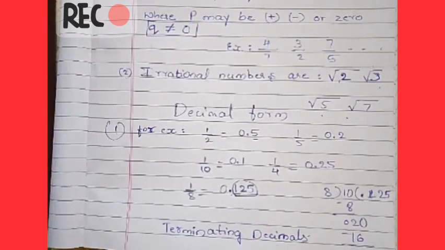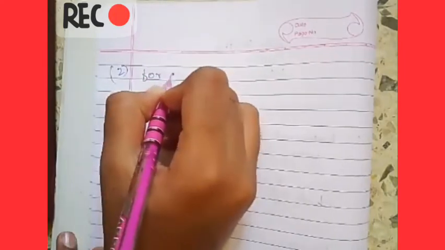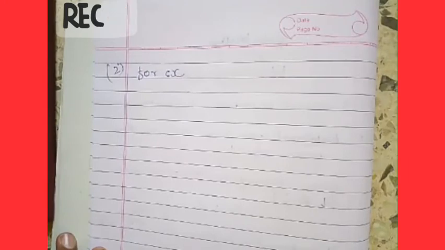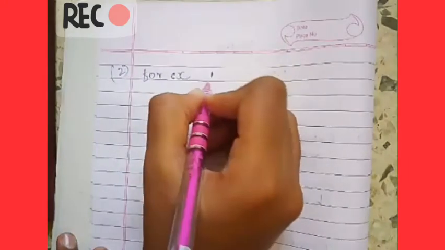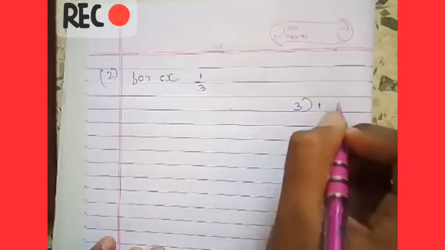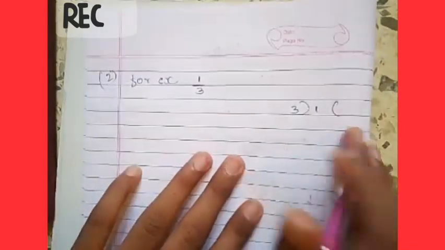Now let's see the second category of the decimal. For example, let's take 1 by 3. Let's divide this. 3 divided into 1.